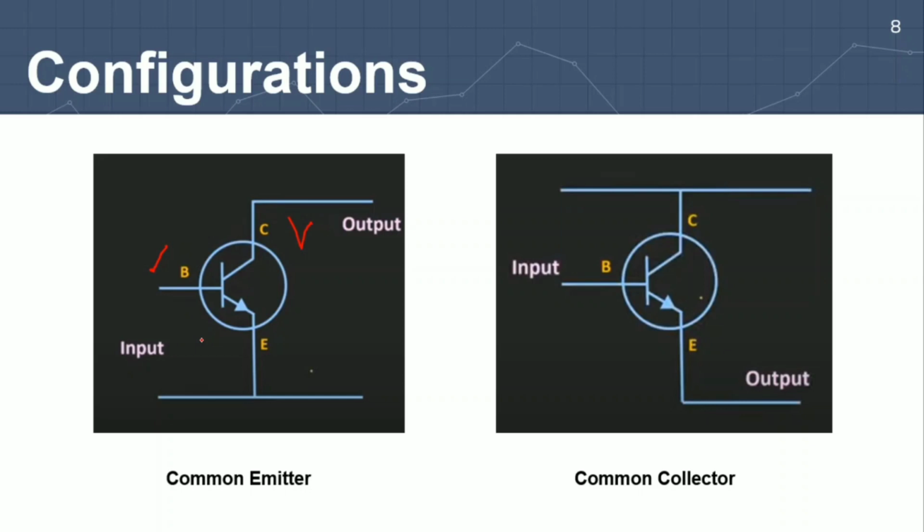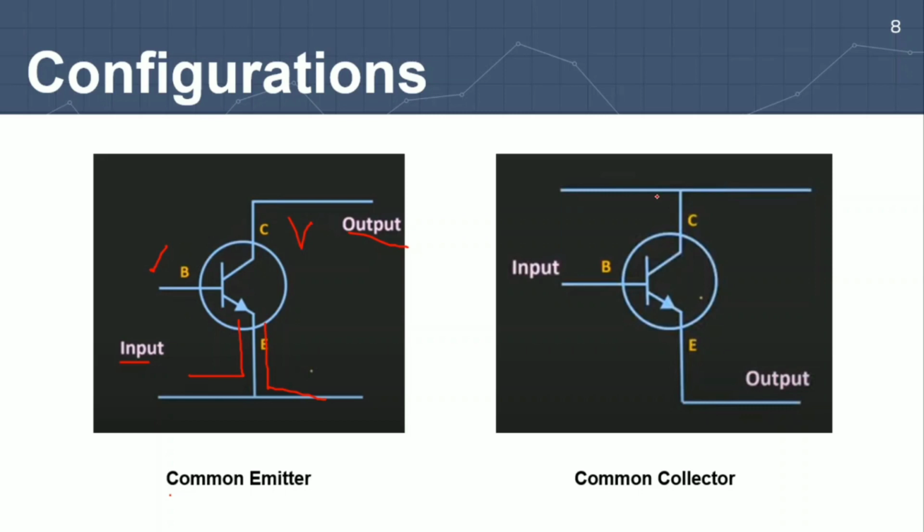The first one is the common emitter configuration. The emitter is common to both the input port and the output port. At the output you have collector and emitter, and at the input you have base and emitter.